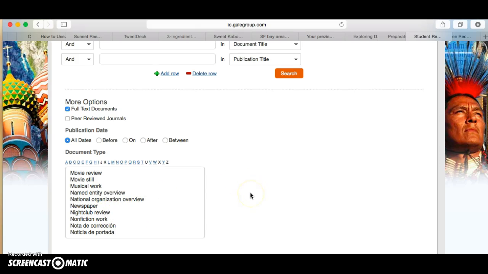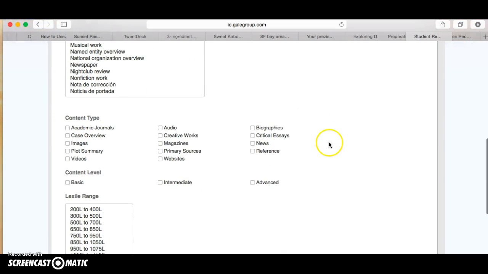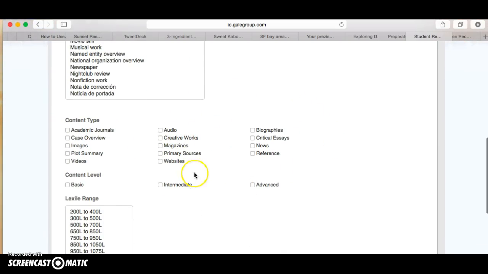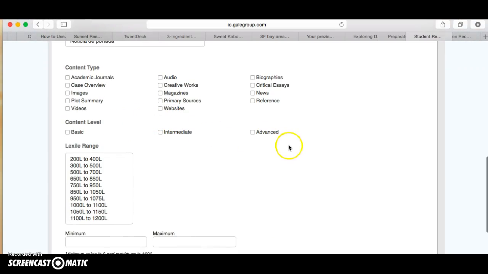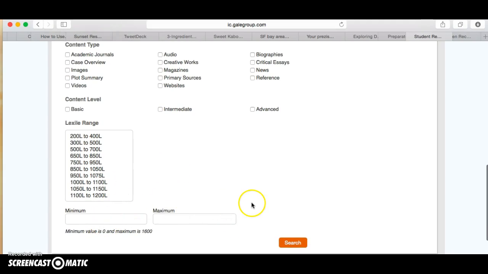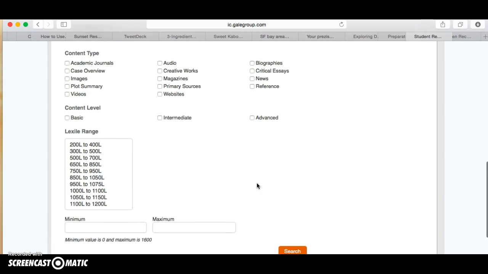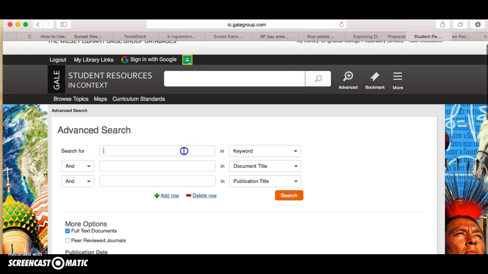There's all different types of documents that you can search in just that document type. Or content type, more like the genres that you'll be looking at. You can choose a level: basic, intermediate, or advanced. You can get specific with the lexile range that you're looking for, and you can even put a minimum and maximum lexile range. So we have many, many search strategies to use for an advanced search.